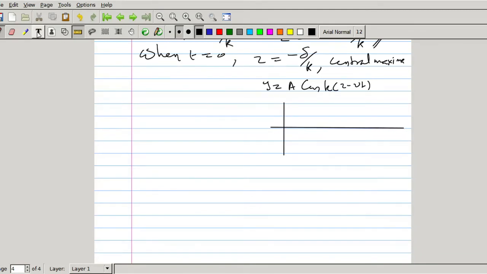If I draw the cosine graph, then the graph will be like this. This is cosine.